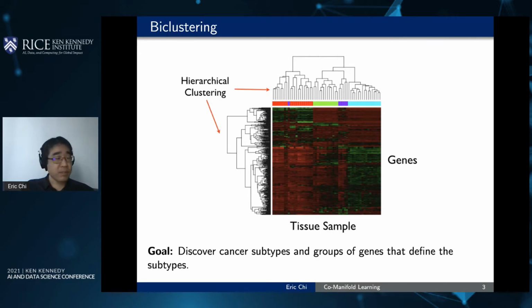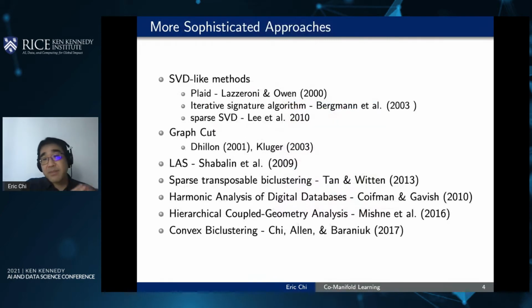Okay, so we see in this particular motivating example that you do have very nice, clean, discrete groupings of different tissue types, as well as some discrete groupings of genes whose activity profiles are defining these different cancer subtypes. And there are lots of methods on these things.